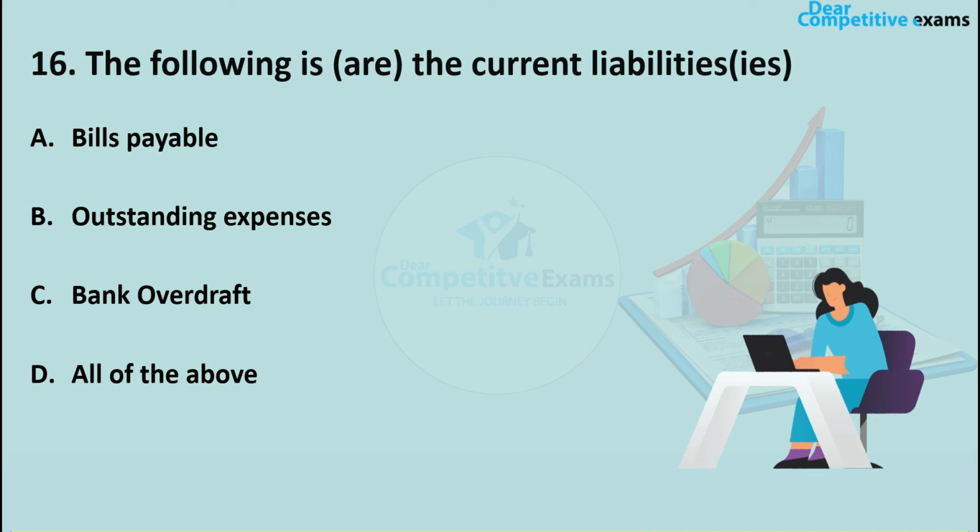Friends, your right answer is all of the above. Of course, all three of these are known as current liabilities: bills payable, outstanding expenses, and bank overdraft. So they come under current liabilities. Let's move on to question number 17.